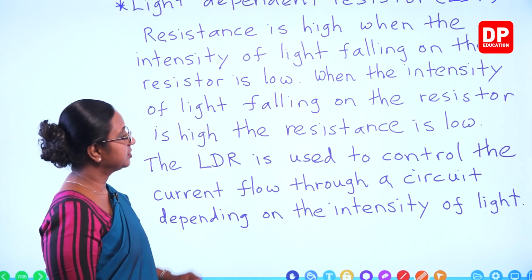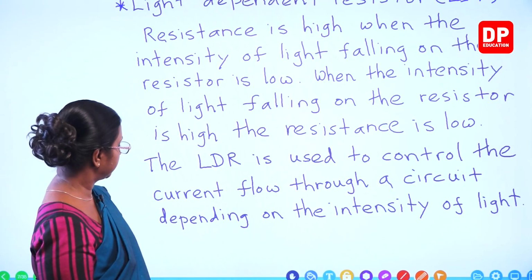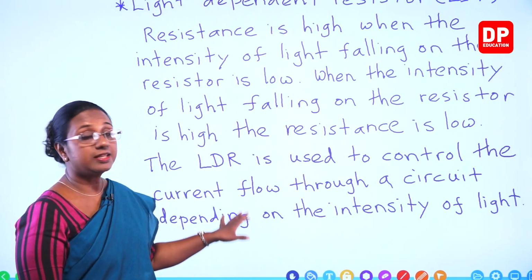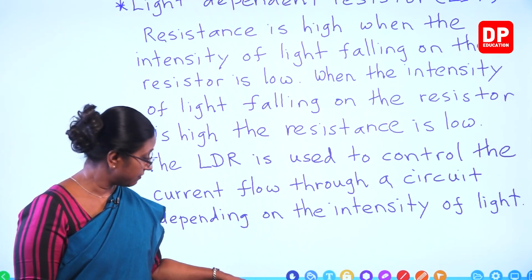So the LDR is used to control the current flow through a circuit depending on the intensity of the light. So these are the different types of resistors and their functions.